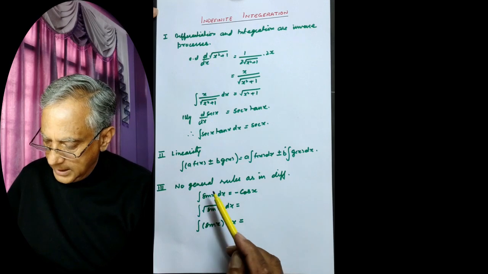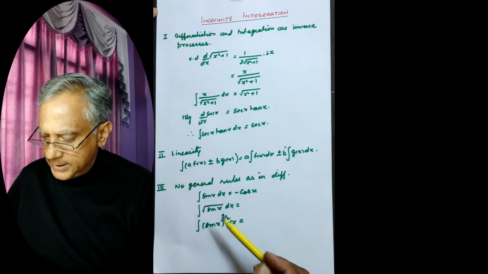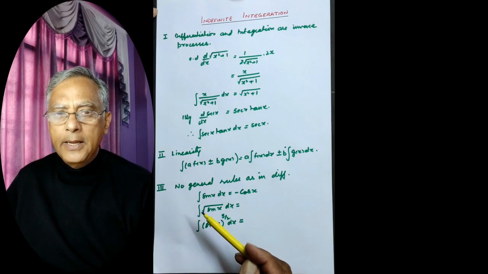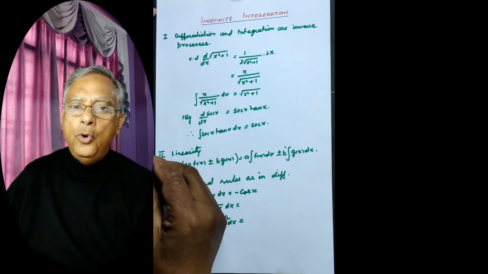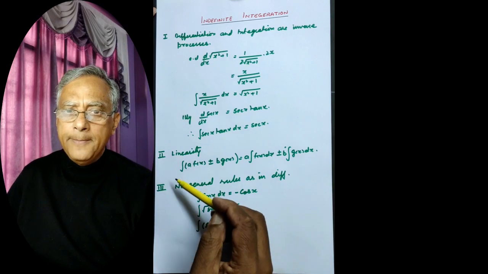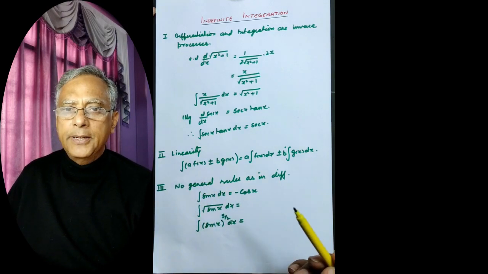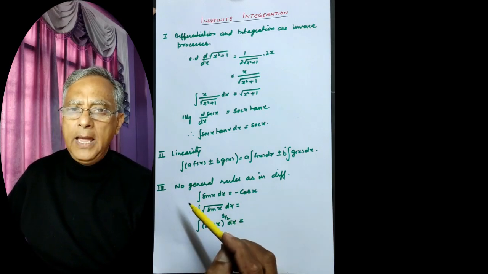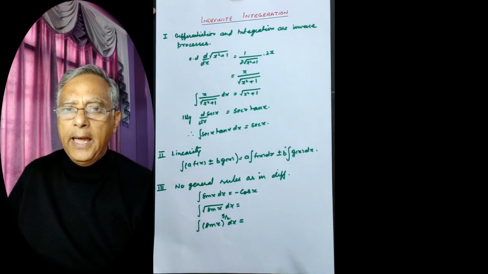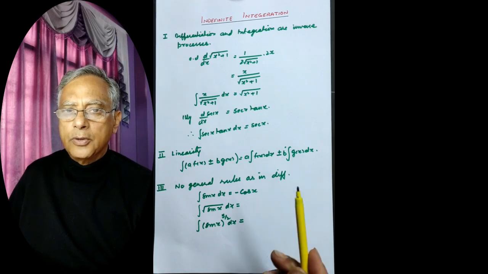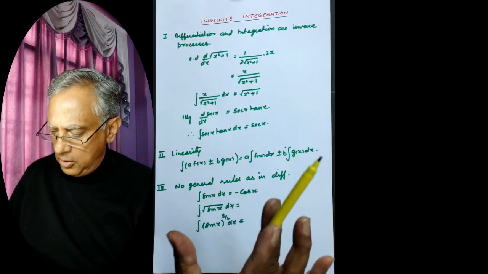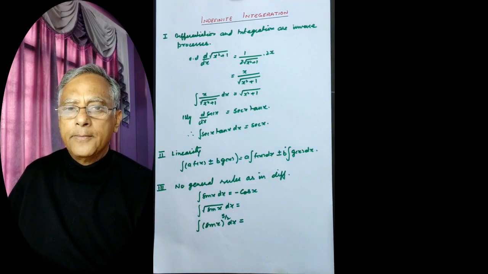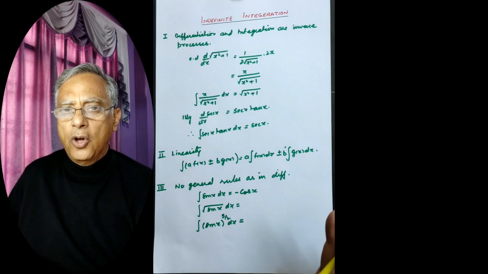So, in integration, in the absence of general rules, we reduce each question into some known form, into some function whose integration is known. All the questions will be reduced to the knowledge we already have. We have very limited knowledge.